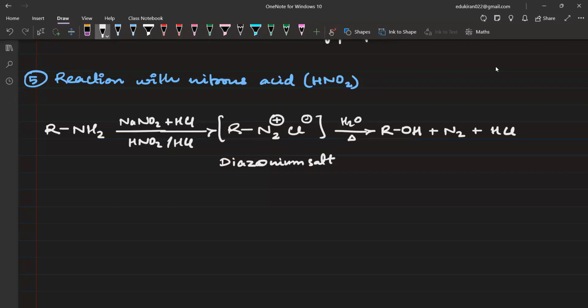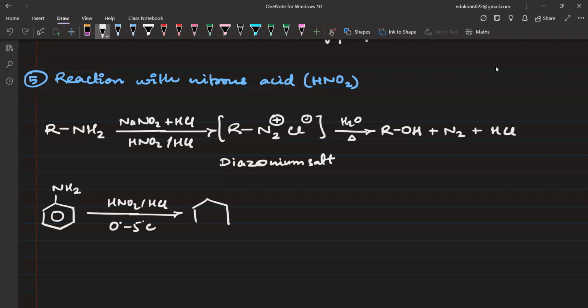ठीक है, तो you are getting what main product यहाँ पे क्या, alcohol, and even if you don't heat it, वो moisture से react करके 25 डिग्री सेल्सियस के वार्मथ को भी लेके it is going to give you alcohol. But when you react with aniline, when we have aniline and we treat this with HNO2, HCl 0 to 5 degree Celsius, we get benzene diazonium chloride, N2 positive and Cl negative.